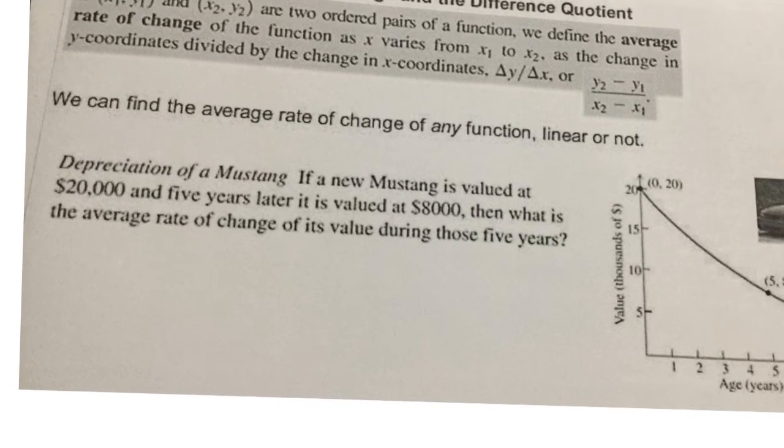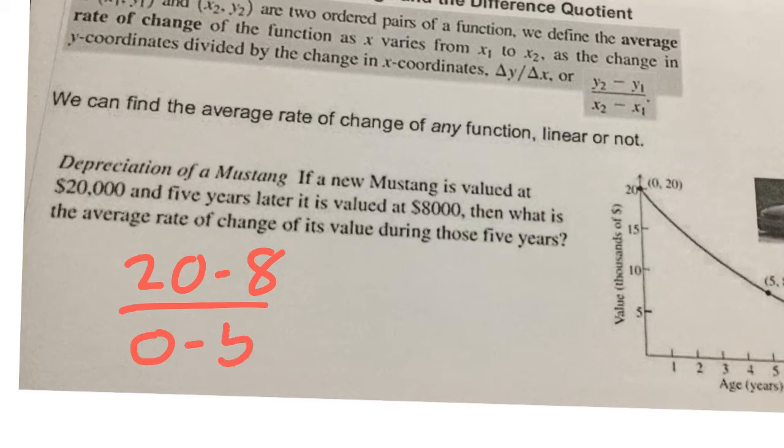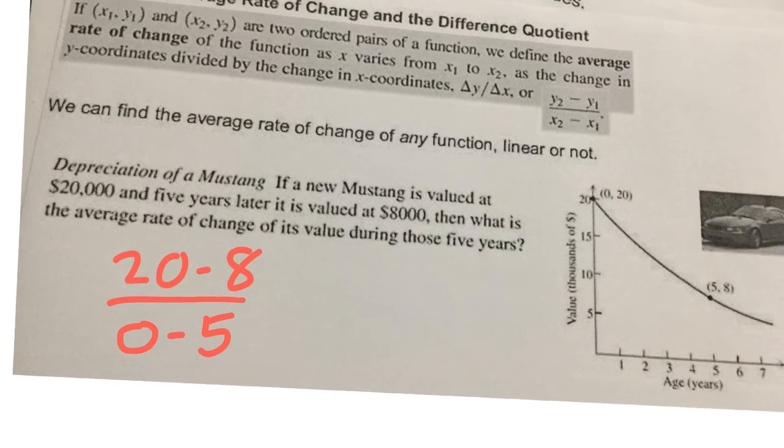Okay, so we would use the slope formula. My y values are 20 and 8. So y2 minus y1 is 20 minus 8. My x values are 0 and 5. So x2 minus x1.